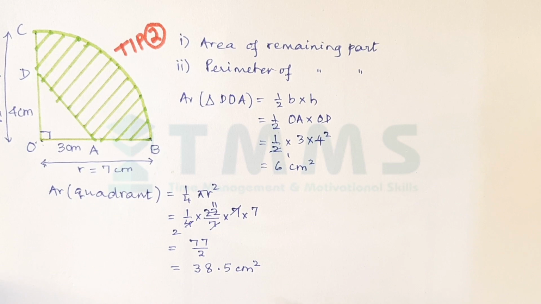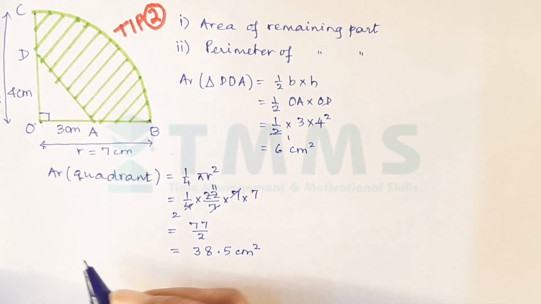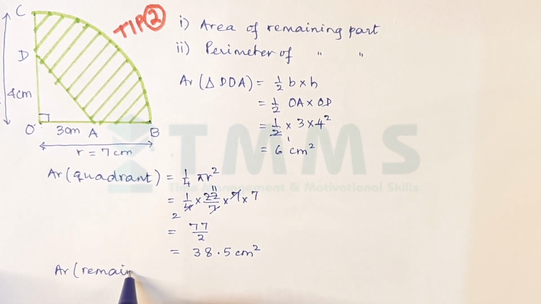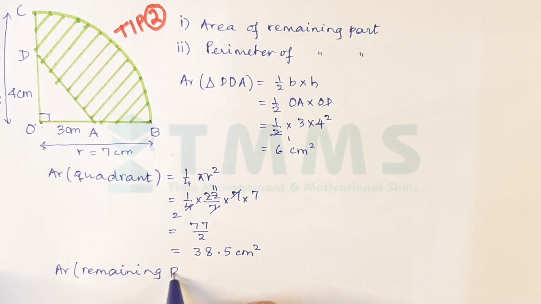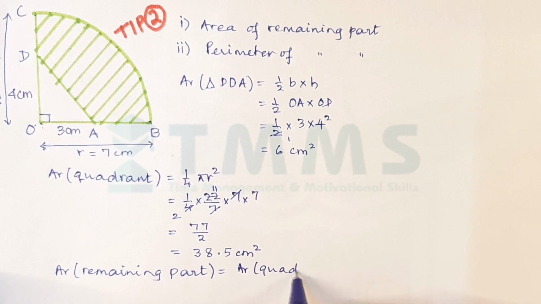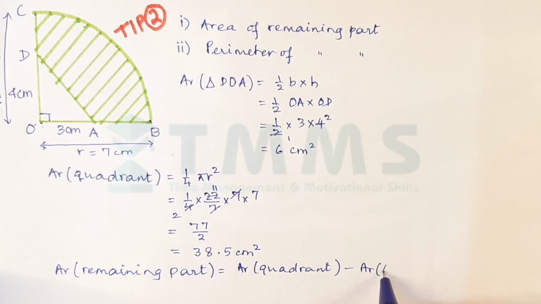And so what we will say is that the area of remaining part is going to be area of quadrant minus area of triangle, correct?